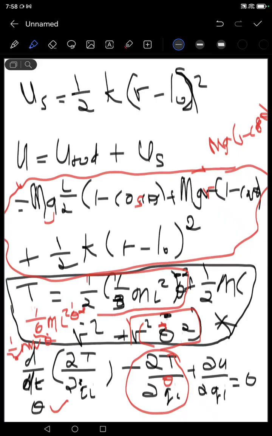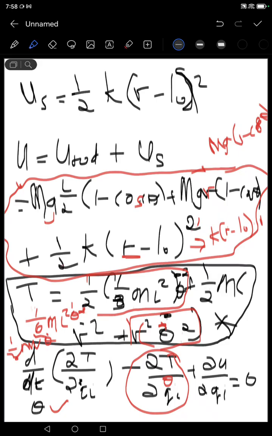And then we also have r here. When we differentiate this, we take this 2 and multiply with 1/2, so we have k times r minus l0 multiplied by 1, the derivative of r, and any number multiplied by 1 is that number. So we're left with k times r minus l0. Did you get it?